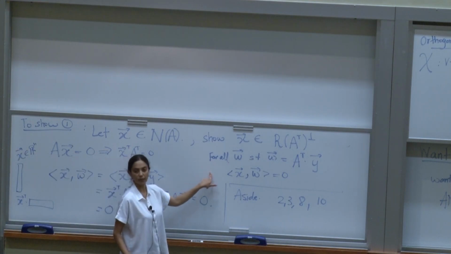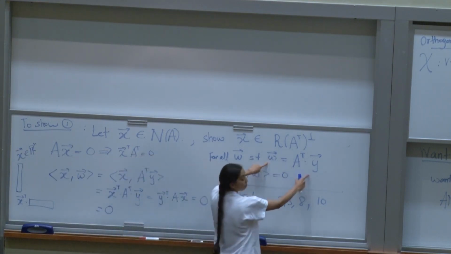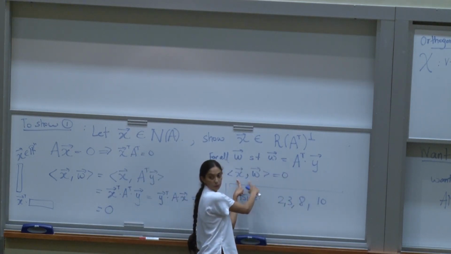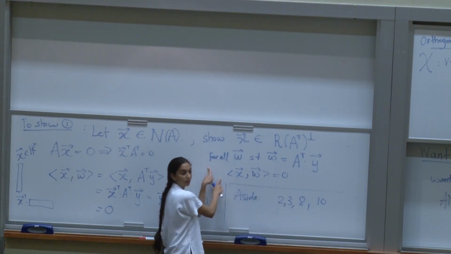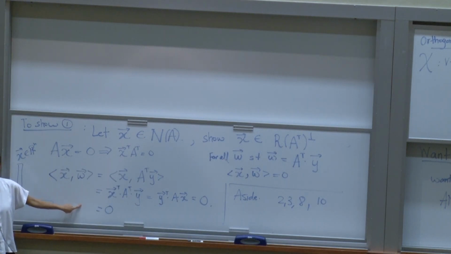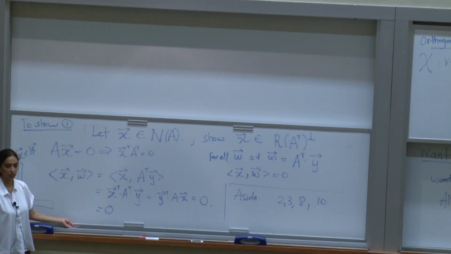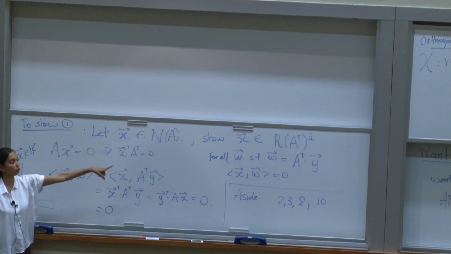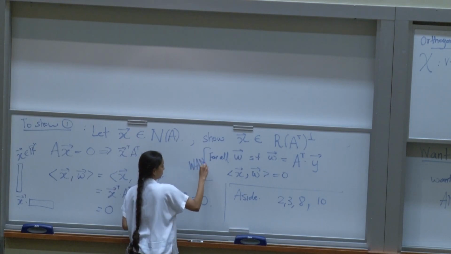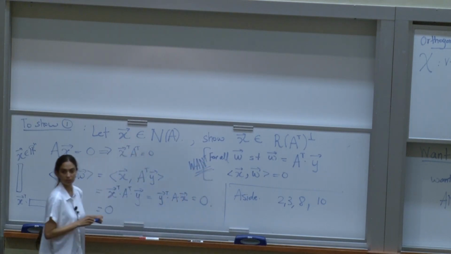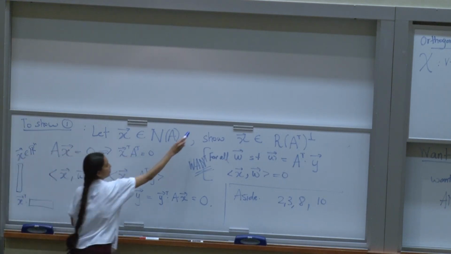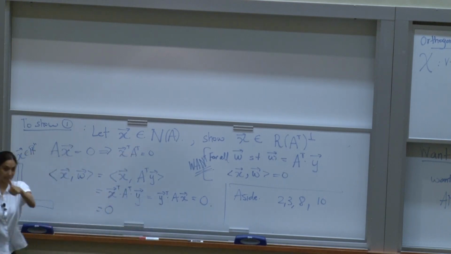Which is exactly what I wanted to show, because I wanted to show that for every W of this form, X must be orthogonal to it, which is this 0. This is not a constraint. This is what we want to show. We're starting off with this. Okay, cool, got it. Great.